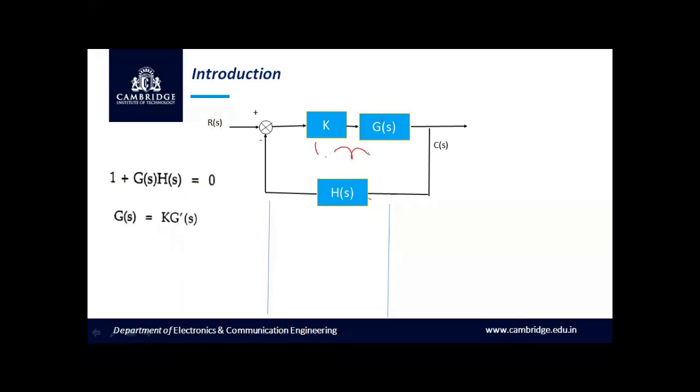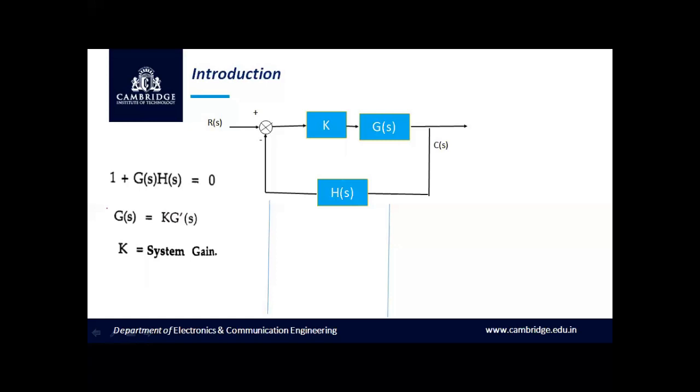As two blocks are in series, I can write G(s) is equal to K multiplied by G dash of s, that is a product of both the blocks, where K represents the gain of the amplifier in the forward path, or it is also called the system gain.